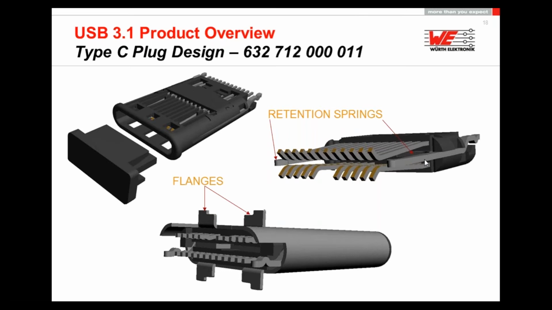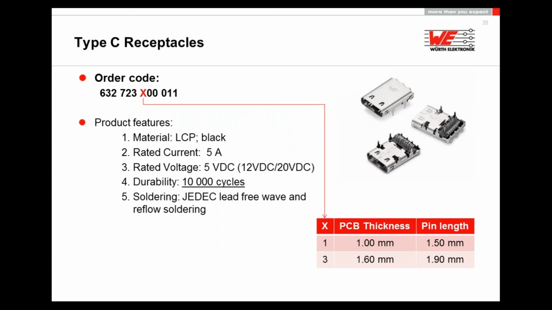That's something we have to keep in mind when we are designing our housing, that we design it in a way that the connector is not only fixed to the PCB by the solder joint, so that the whole system is able to absorb these mechanical forces. And also the retention springs at the side are important to reduce that and to make sure that the mating part really slides in at a correct angle.